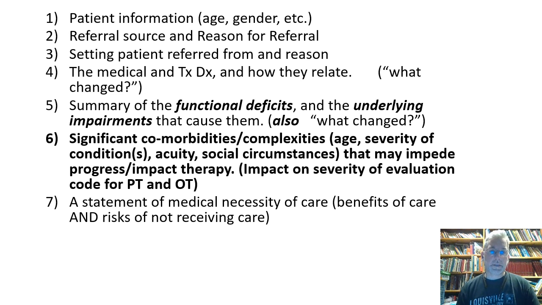Now, in the next sample that you're going to see on the next slide, I'm going to actually be leaving that out because I tried to make it more of a generic patient that could be seen in various types of settings post-acute care. But one of the things we're going to talk about is basically a summary leading up to why they're being referred to therapy in the first place.